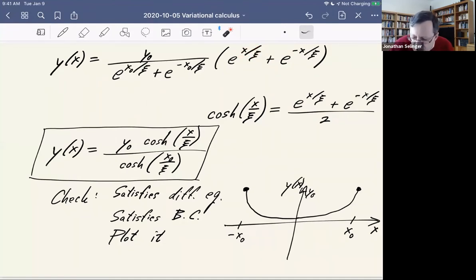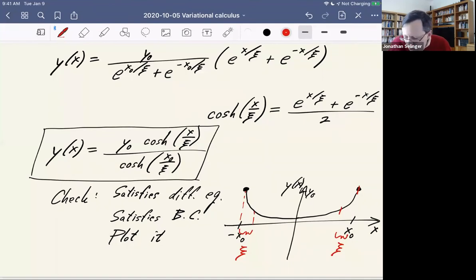That means that the change in the function, say from there to there, is concentrated over a length psi. And similarly, on the negative x side, the change from there to there is concentrated over a length psi.